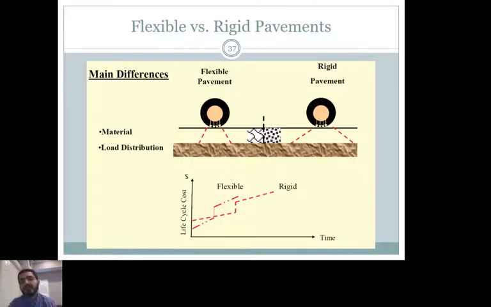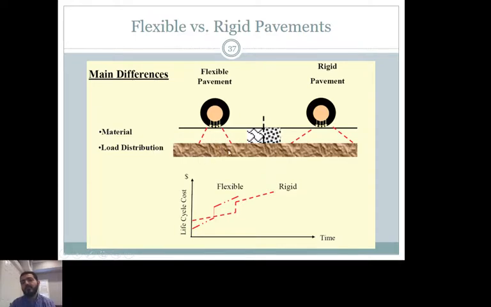So in conclusion, the main differences between flexible pavements and rigid pavements are as follows. When it comes to materials, they are different. For flexible pavement, it's all about asphalt as well as crushed aggregates. When it comes to rigid pavements, we use Portland cement concrete, water, and aggregates. For load distribution, as you can see, flexible pavement distributes the load over a small area.